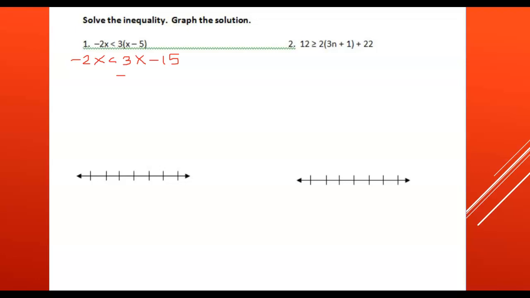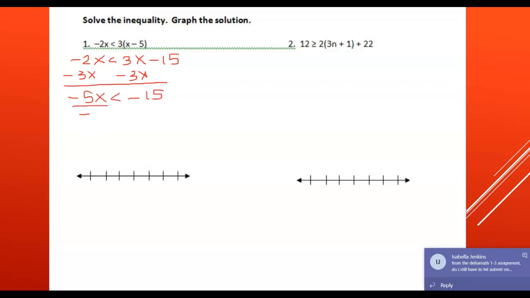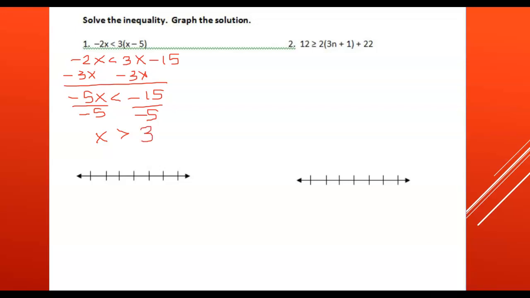Subtract 3x from both sides. When I divide by negative 5, my inequality changes direction. So it goes from a less than to a greater than. A negative divided by a negative becomes a positive. So I have x greater than 3.